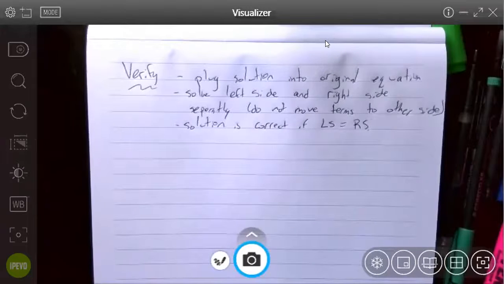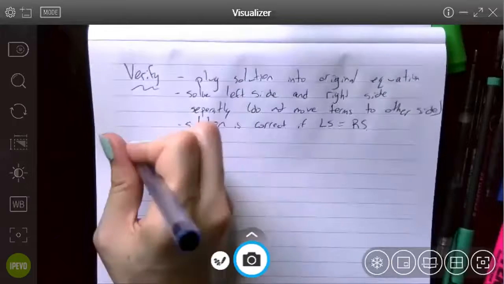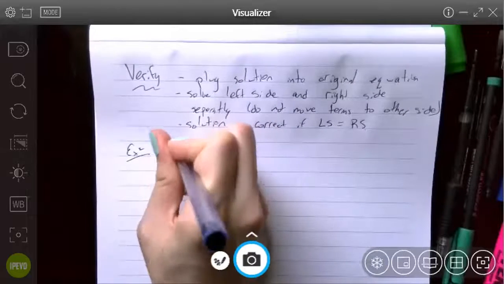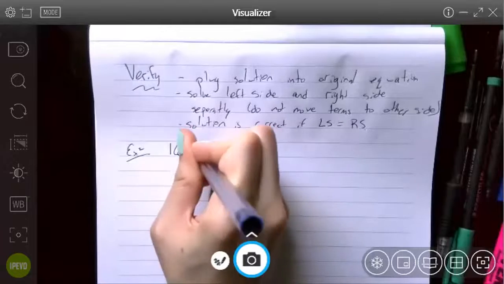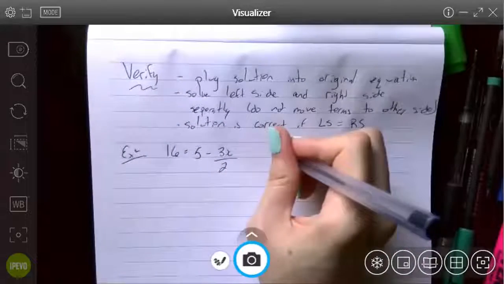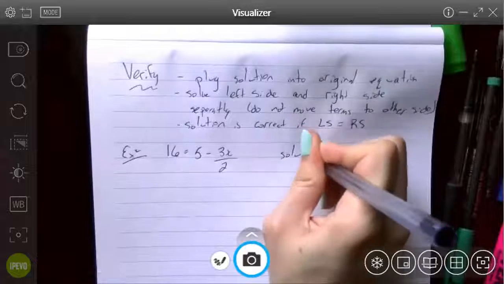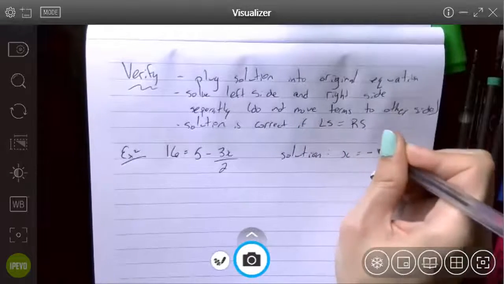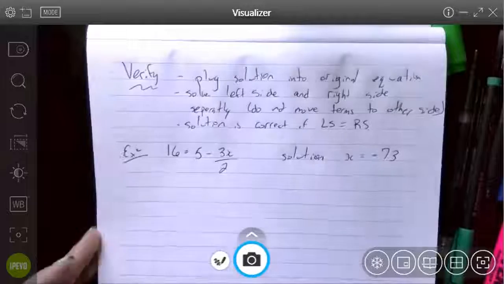So let's take a look at what this would look like. So we just had, for example number 2, 16 equals 5 minus 3x over 2. And we ended up with the solution of x equals negative 7.3 repeating.